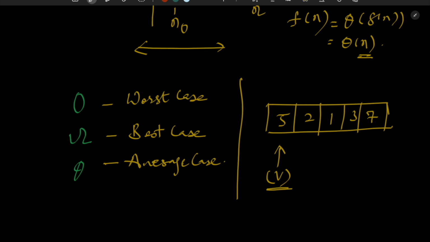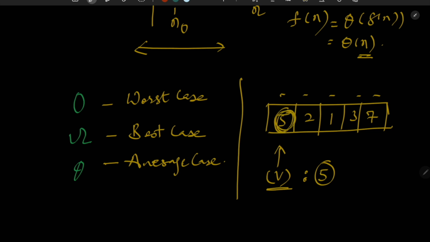So essentially we are going over each index and trying to look up if a given value v is present or not. So what is the best case possible scenario? Let's say that your value v was 5 itself. So in that case, you would find that value in just one comparison, right? So here you would find that value to be present.